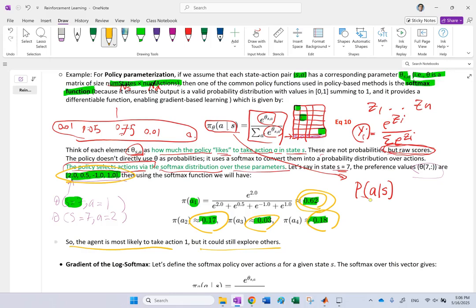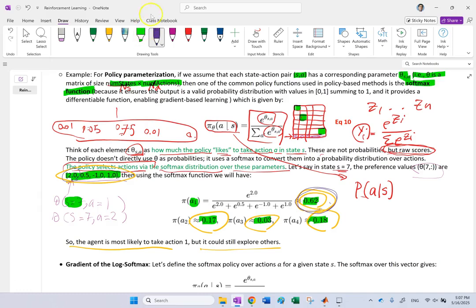You could have looked at the raw numbers as well and said, hey, 2 is bigger than the others, so it is 2 that should be taken. But again, we convert them to probabilities so we can do it completely in a probabilistic framework. And the number that is the biggest also has the biggest softmax output. So yes, that's the action I'm going to take, action number 1, whatever that action is.